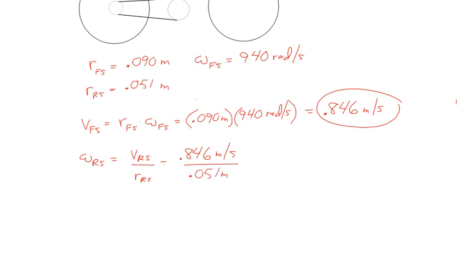Now remember, that's like meter per radian, so I will get radians per second for my answer here. What is 0.846 divided by 0.051? Big number. 16.6.